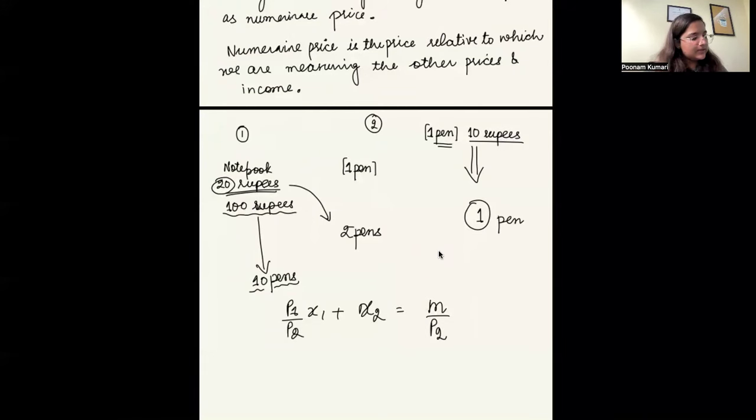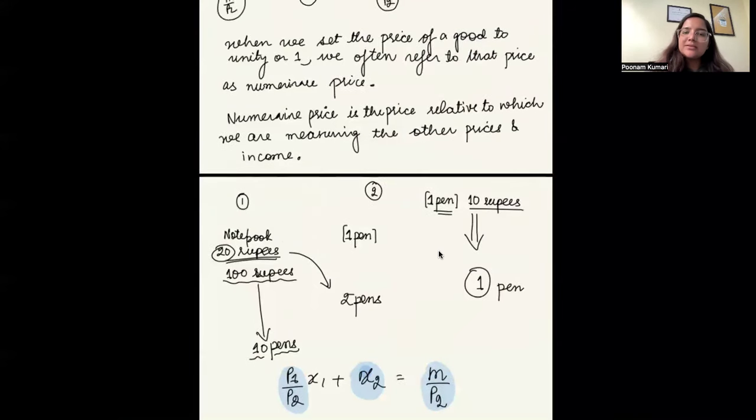So whenever you write something like this, that means this good x2 is treated as a numerator good. The price is treated as 1, and the prices are now quoted in terms of P2. Income is also quoted in terms of P2. That's all.